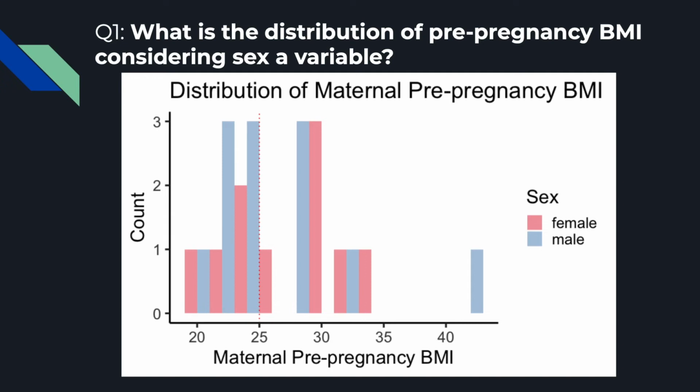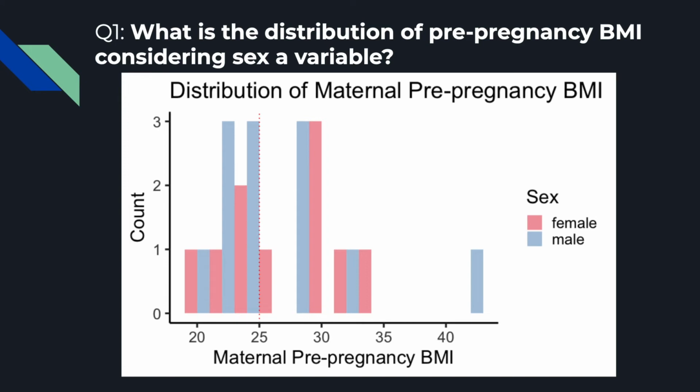So looking at the distribution of the pre-pregnancy BMI, considering sex as a variable, I wanted to make sure that I do have male samples and female samples within the different BMI ranges, right? We want to have those normal ranges, but we are looking for evidence of these higher ranges too. So this helps me get a breakdown. I was able to put a line here to show us the threshold for where overweight starts.